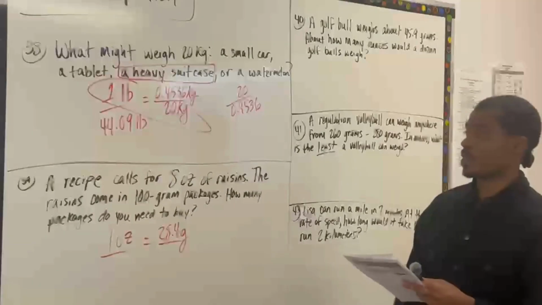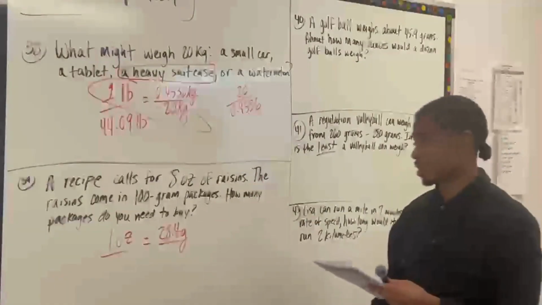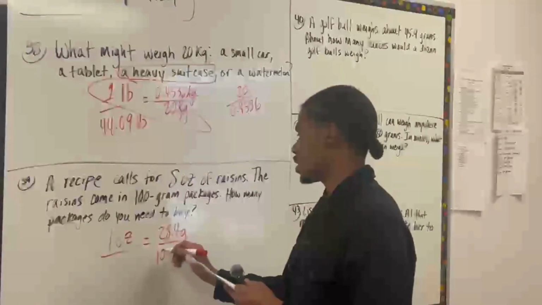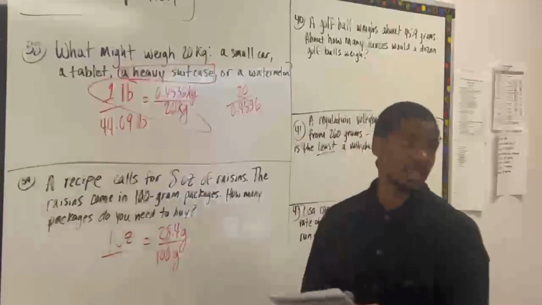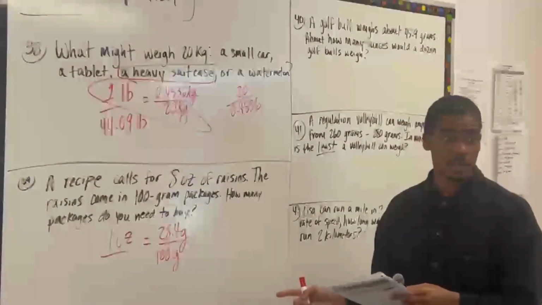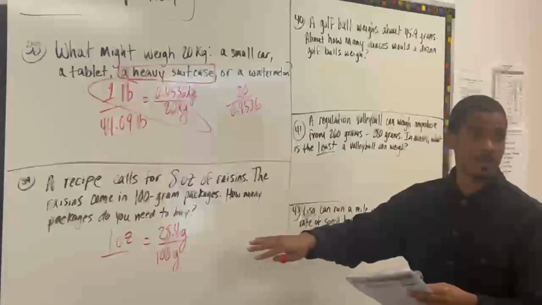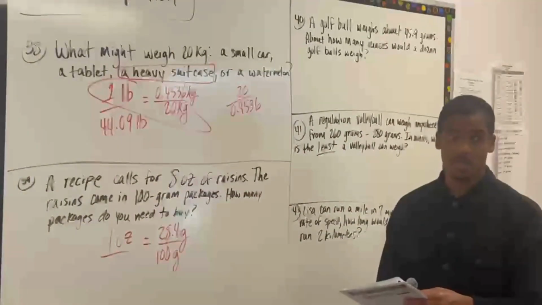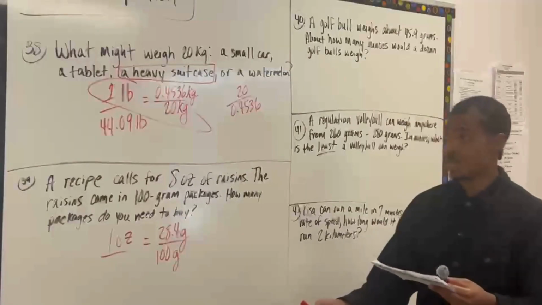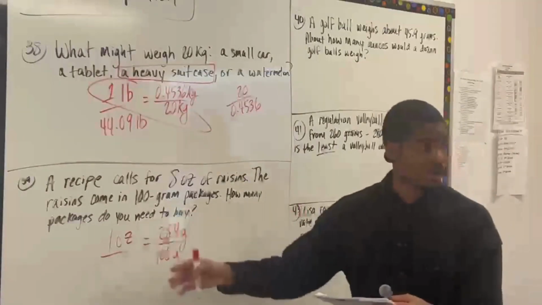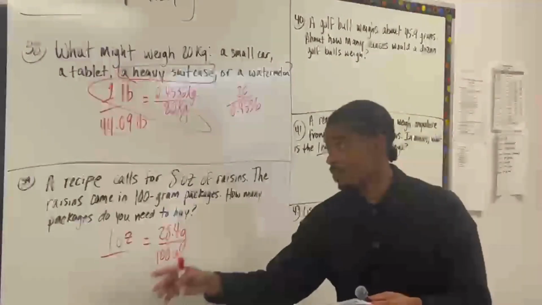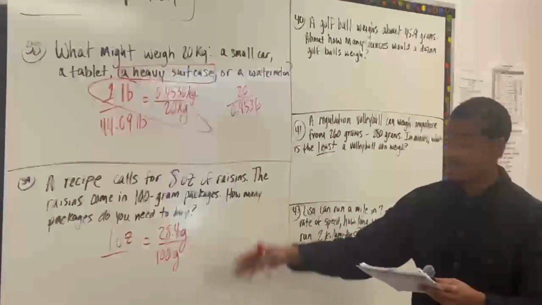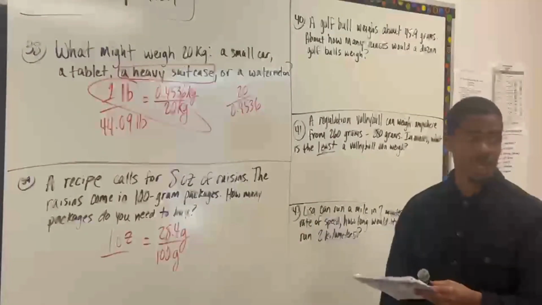Now, if we're dealing with 100-gram packages, I would put this here. Y'all cannot tell me that that is hard. This is no different from what we did in all the rest of them. The only difference is these numbers have decimals, but that doesn't change anything. If you use your original conversion and set them up correctly, it's the same thing.